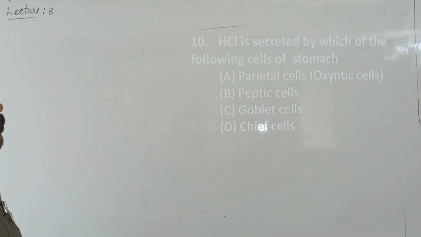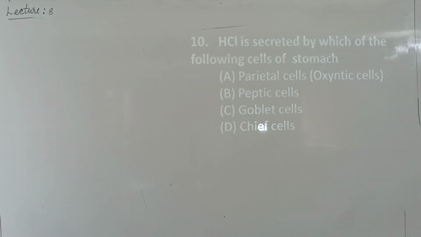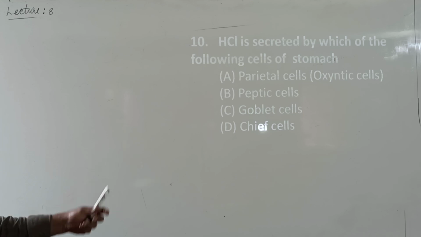Now let's see the next one. HCl is secreted by which of the following cells of the stomach? So here the HCl is produced by the gastric glands. And we know in the gastric glands there are different cells involved in the production of various substances.